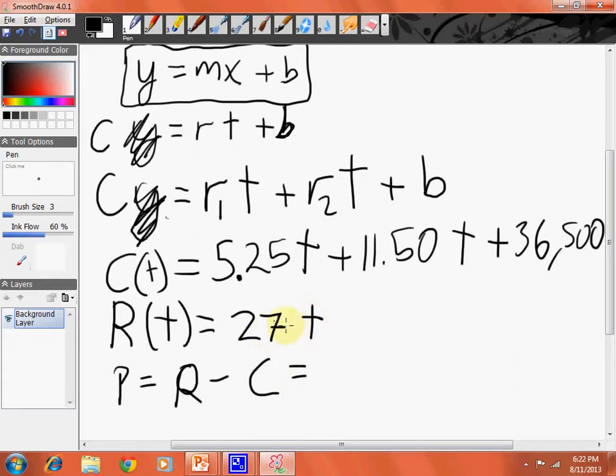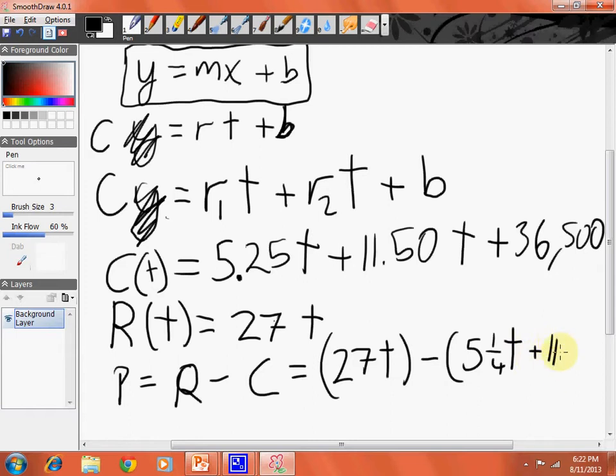So in this case, it will be 27T, that's your R right there, minus your cost, which is 5 1/4, 0.25 is just a fourth, times time, plus 11.5 times time, plus 36,500.